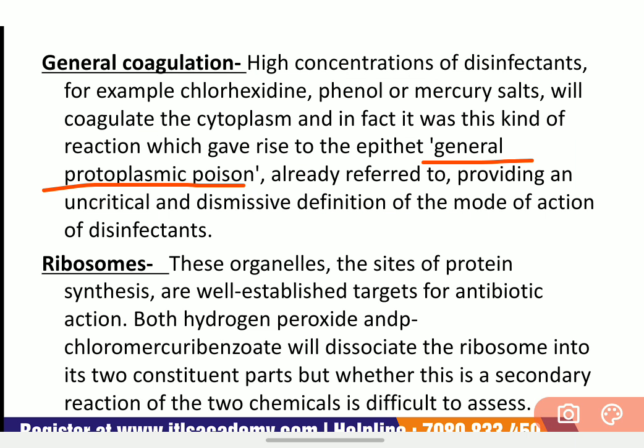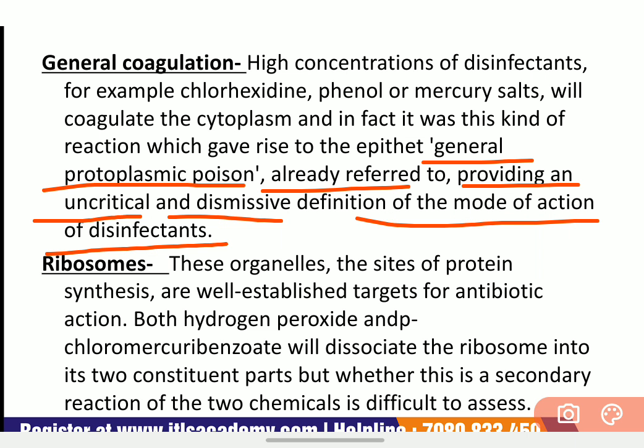It is already referred to, providing an uncritical and dismissive definition of the mode of action of disinfectants. There is little doubt, however, that the disinfectants in use in the 1930s had just this effect when applied at high concentrations.